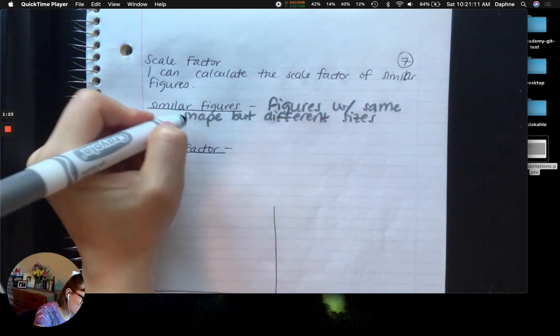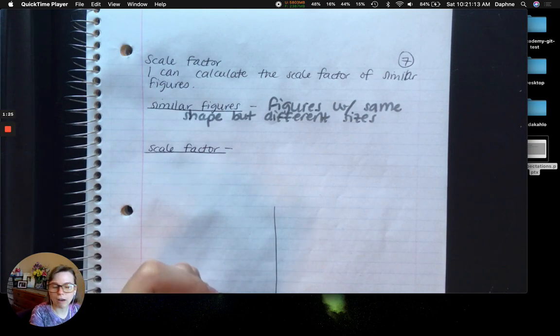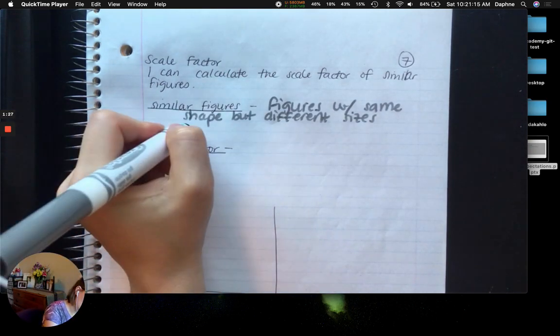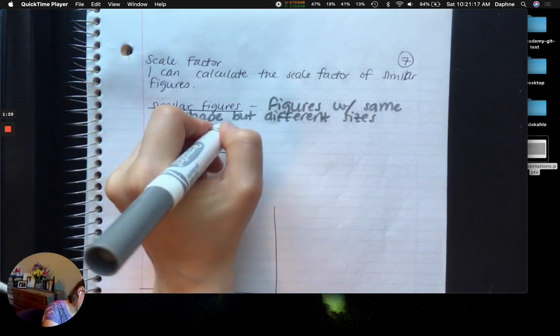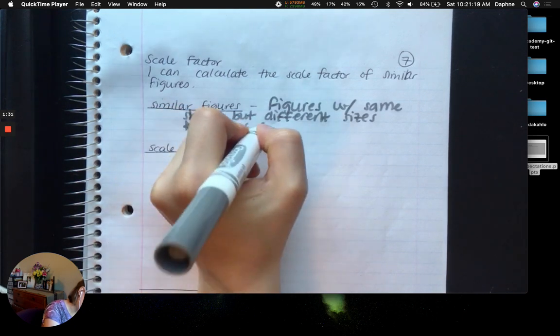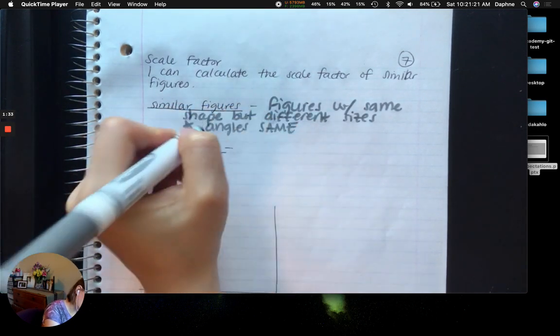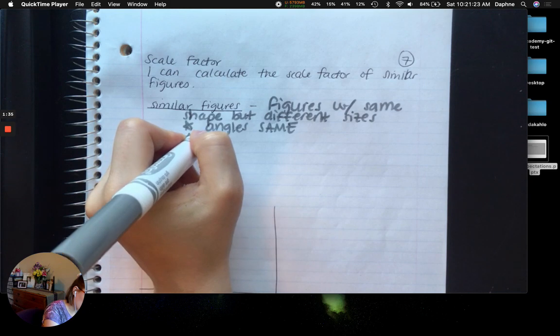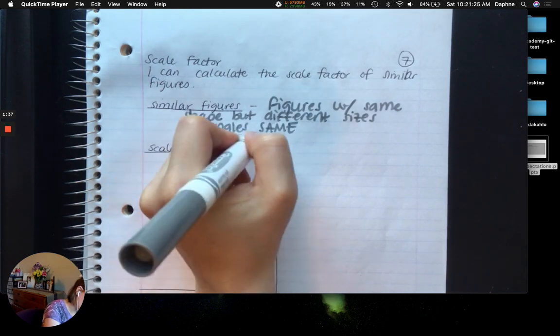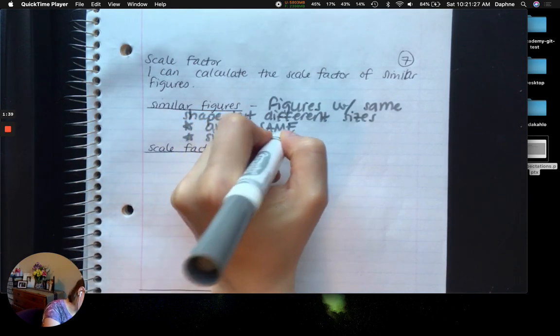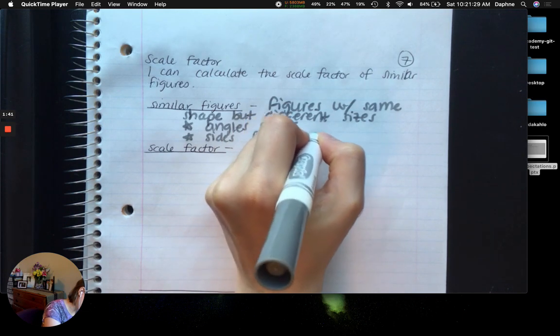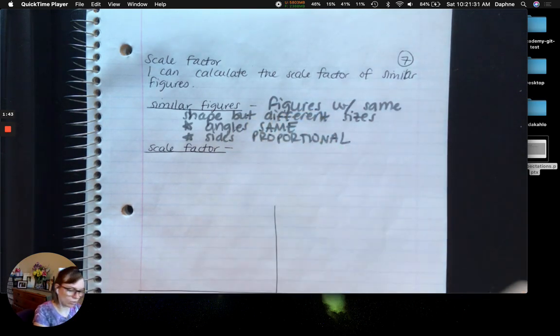And 2 things to think about with this one. Their angles are the same, and their sides are proportional. So pause here and get that definition down.